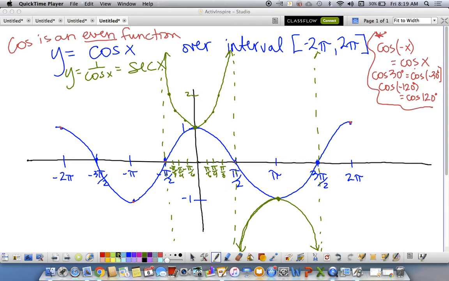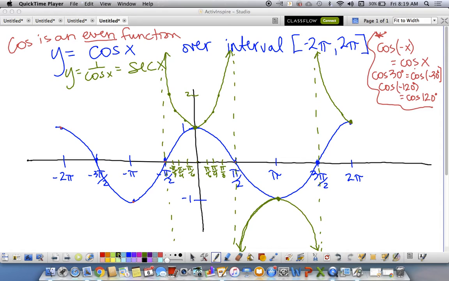So could we start at the top, decreasing, so we get to 2 pi, and our reciprocal is 1. So this is a pattern. Could we go back this way? Yes.